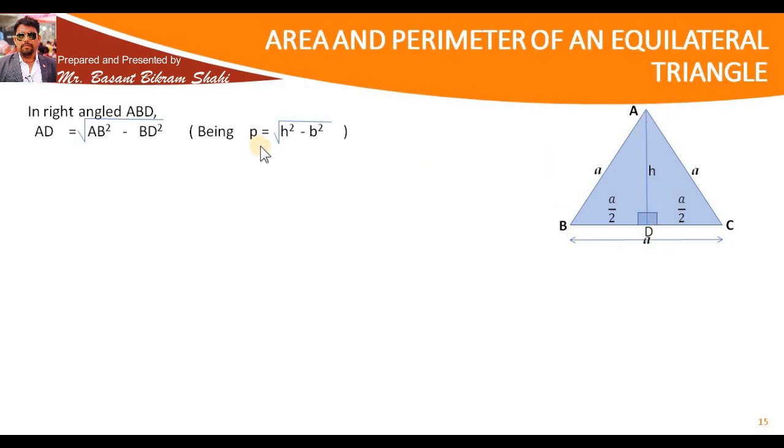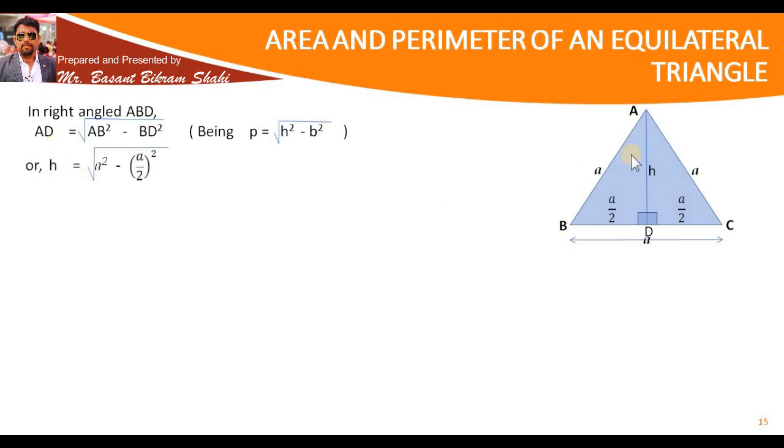So according to Pythagoras theorem, P equal to square root of H square minus B square. In the same way, AD equal to square root of AB square minus BD square. AD is perpendicular, AB is hypotenuse and BD is base.